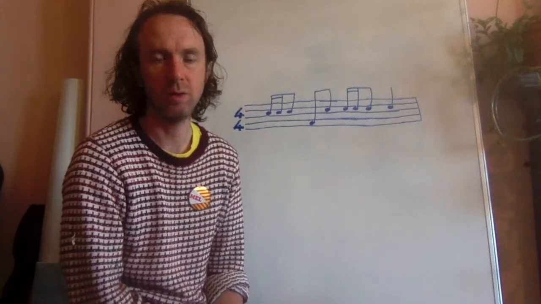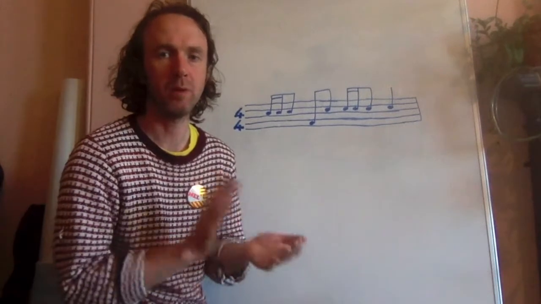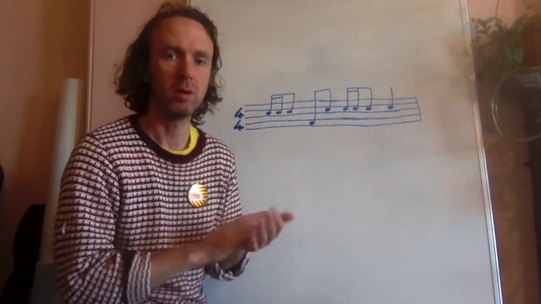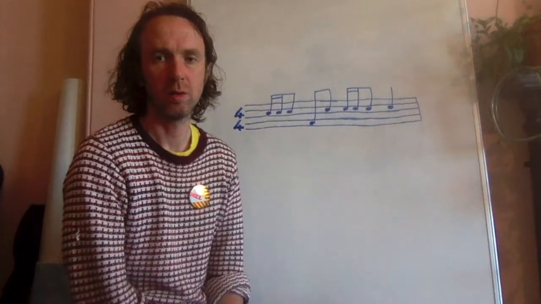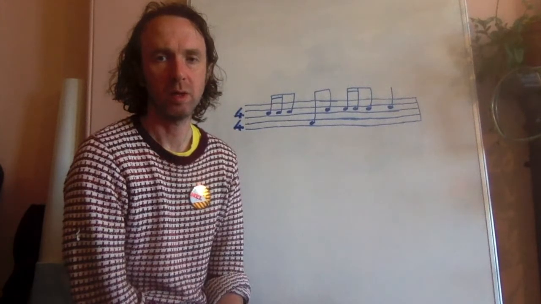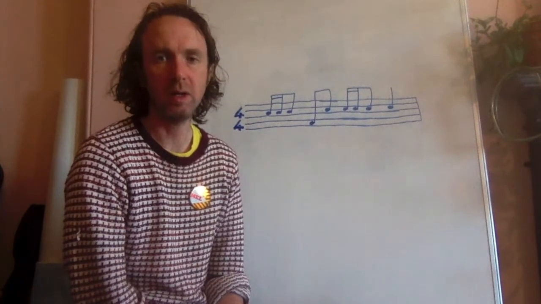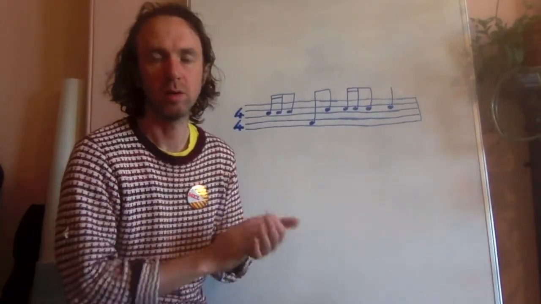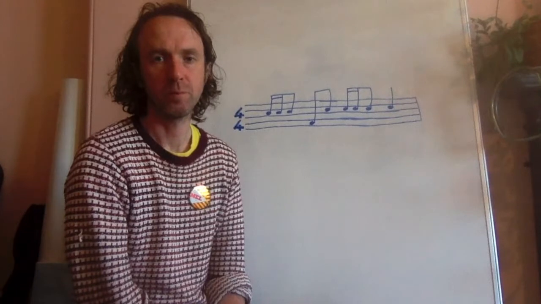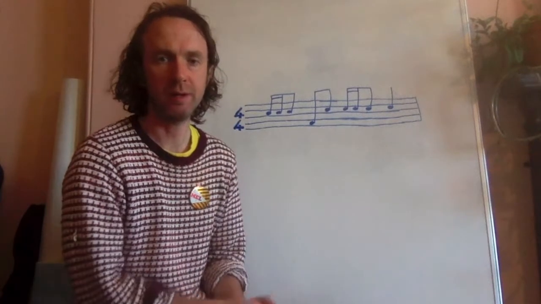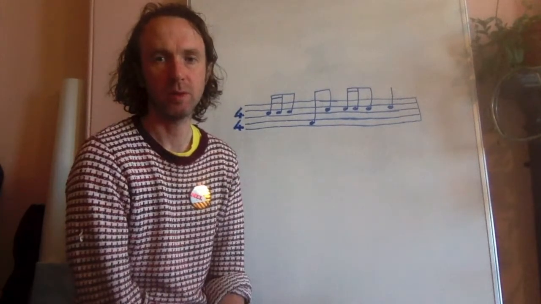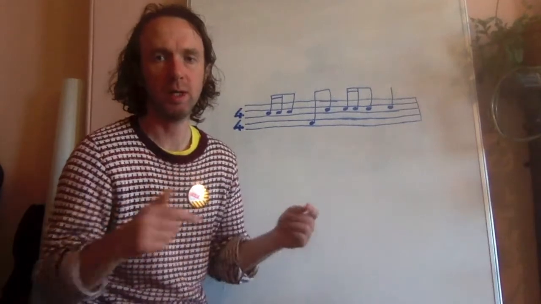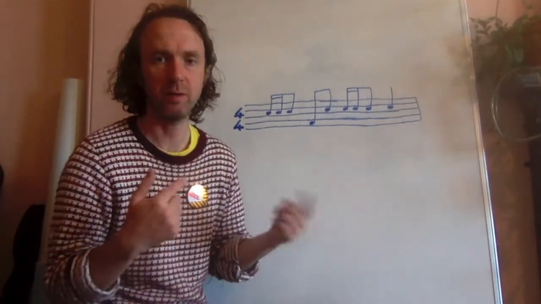Ready? 2, 3, 4. Okay. And again, 2, 3, 4. Good. 1 E and 2 and 3 E and 4. 2 is the bass drum. 1 E and 2 and 3 E and 4.